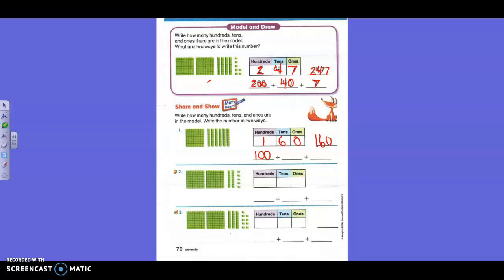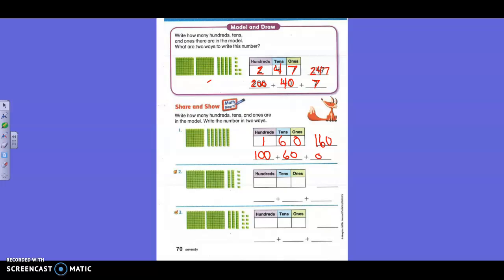You can't just put 6, because it's not 6. That number, being in the tens place, is 60. And when you say 160, you say 60, right? And then how many ones? 0.